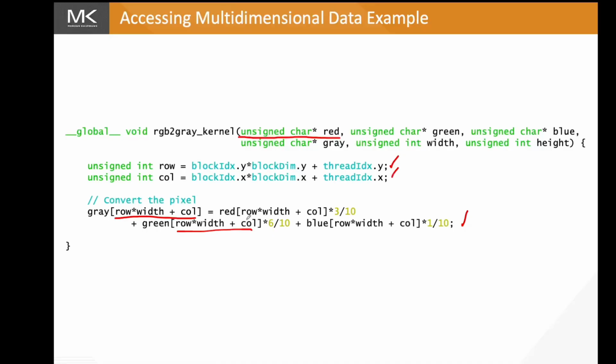For example, one formula is what you can see here. We consider 30% of the red channel, 60% of the green channel, and 10% of the blue channel. We sum them together, and then we store the result into the gray array, which is also a 2D array.